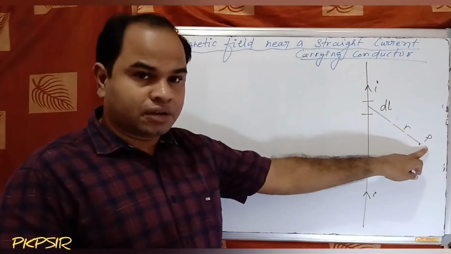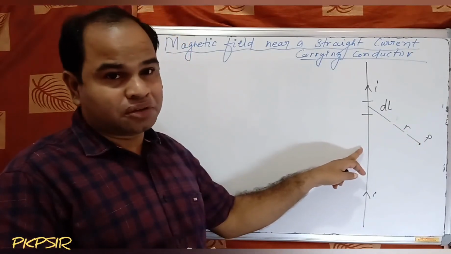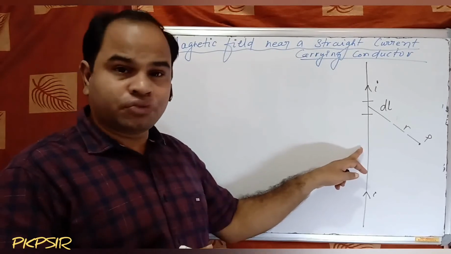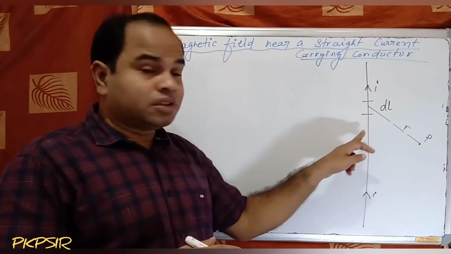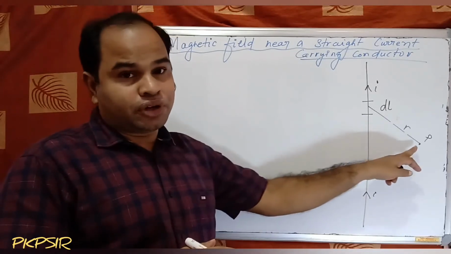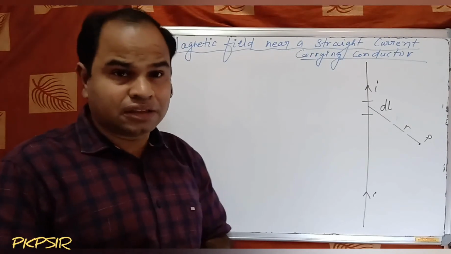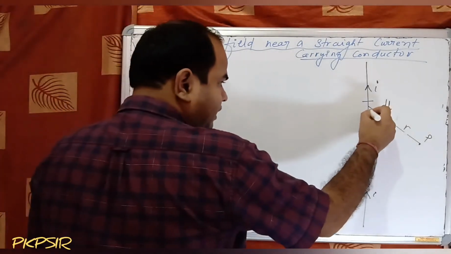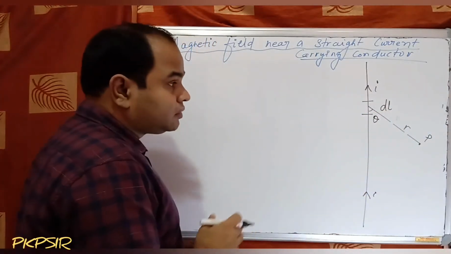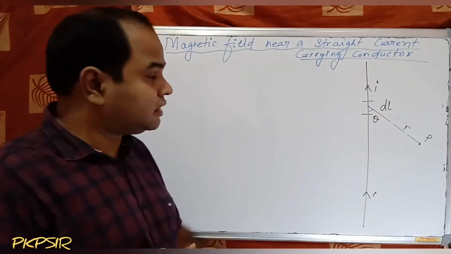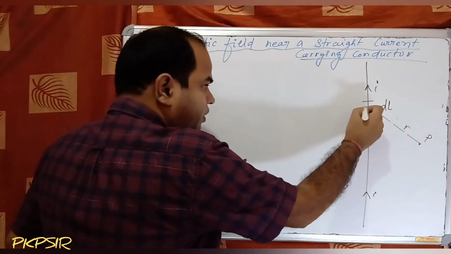We are going to find the net magnetic field due to the straight current carrying conductor at point P. Let this small length dl make an angle theta with r.